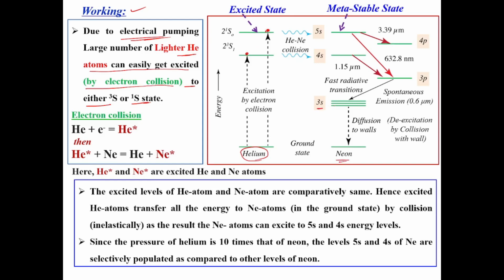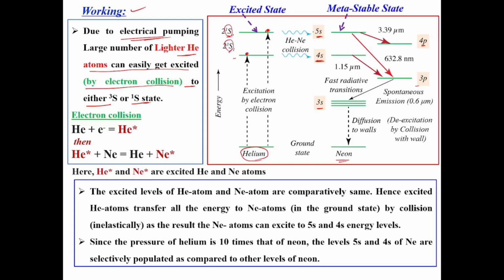So this is the 3s energy level of neon, this is 3p, this is 4s, this is the 5s level, and this is the 4p level of the neon atom. Here you can see the 4s level is at an equivalent height to the 3s, and the 5s is equivalent to the 1s level.